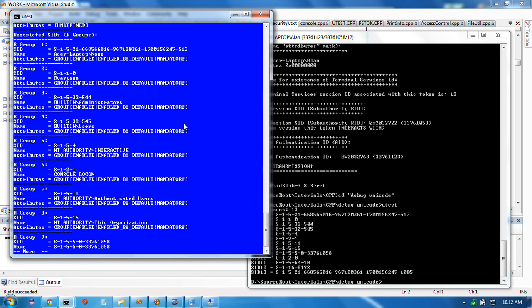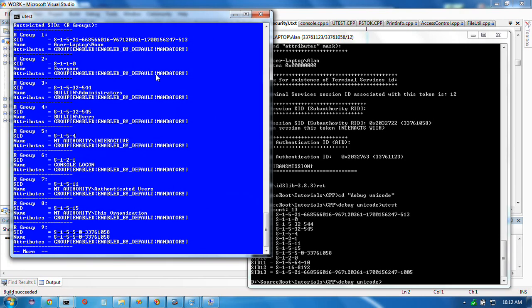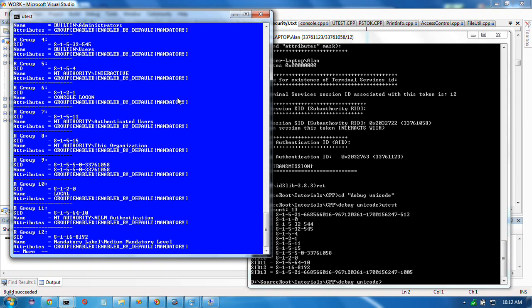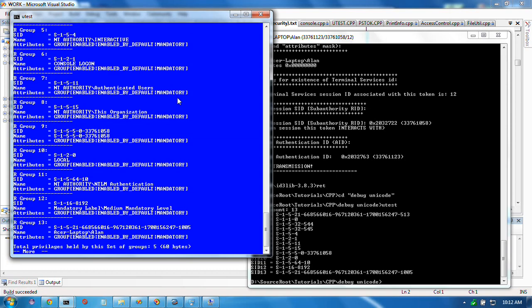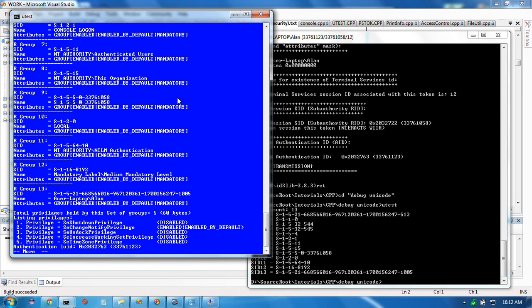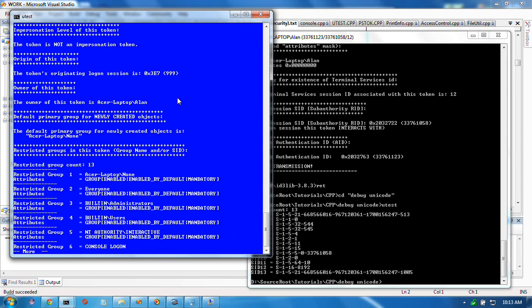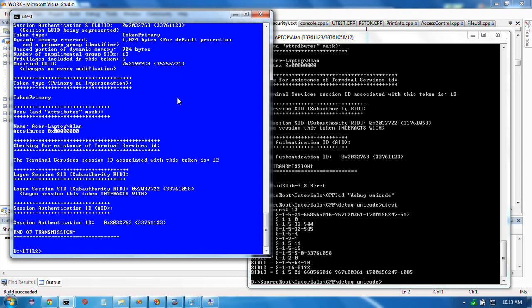Now, as far as the restricted groups go, you see, the third restricted group is built-in administrators, full access, right? Even though there's no executive club in the restricteds, this thing still has full access.